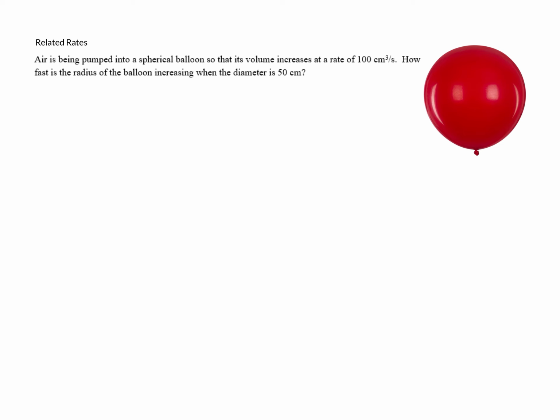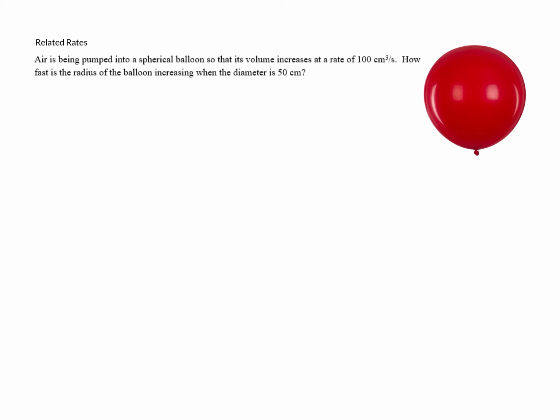But as you continue to blow up a balloon, as it gets bigger and bigger, the radius starts to increase at a slower pace because when it's bigger, it takes more air to grow the radius. So it's a little bit complicated here. It's not just that both of them change at a constant rate. Anyways, I just wanted to give a little bit of context so that we can think about how things are changing here before talking about how we solve it.